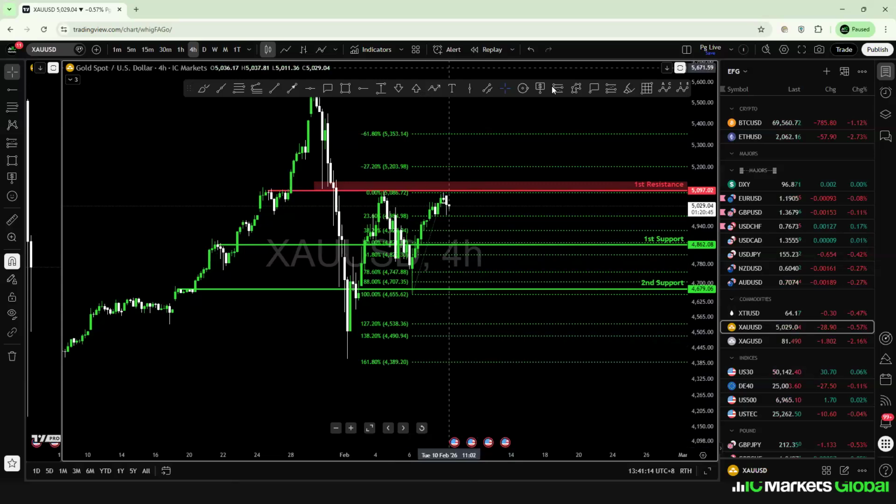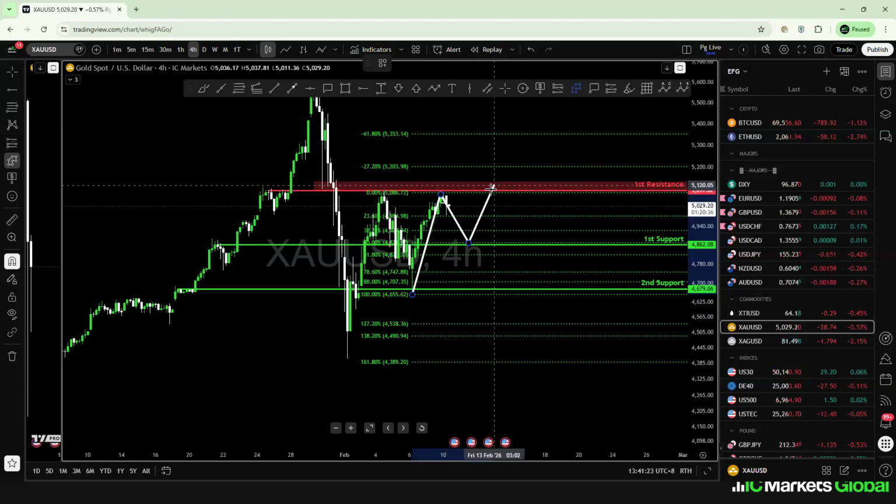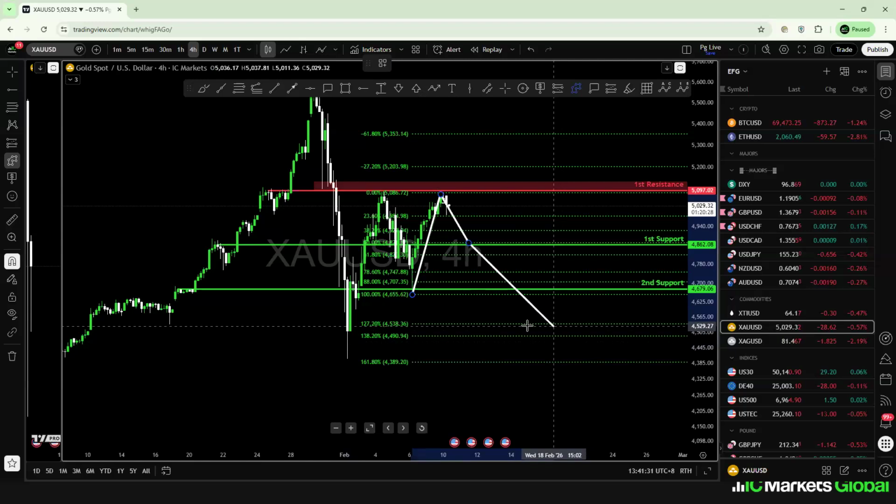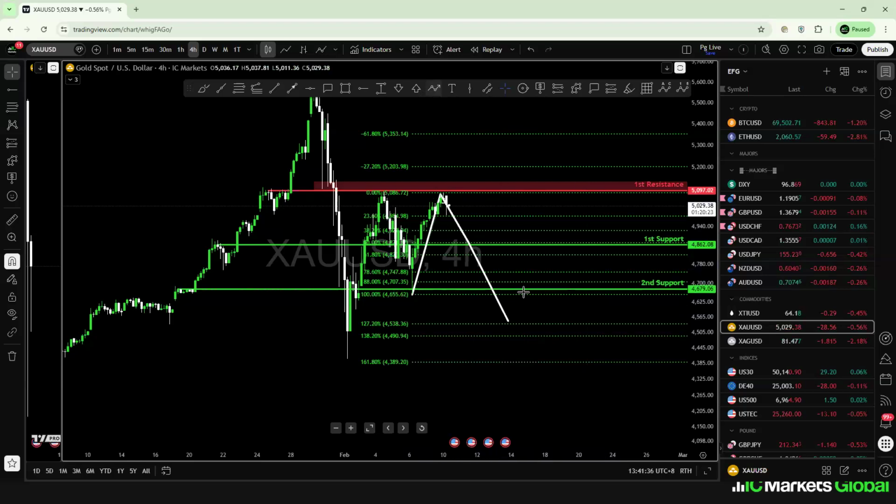If price closes above, I'm going to expect they might pull back here and then continue to this again. Or they do not pull back, and they break below all the way. Let's say they break below this swing, then the extension will be 127 here or this level.